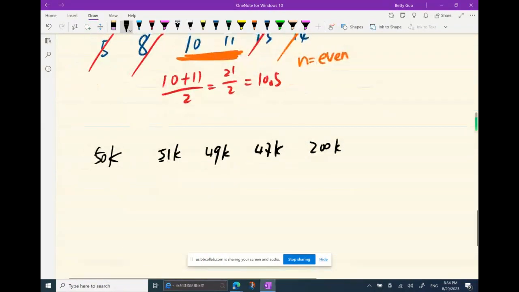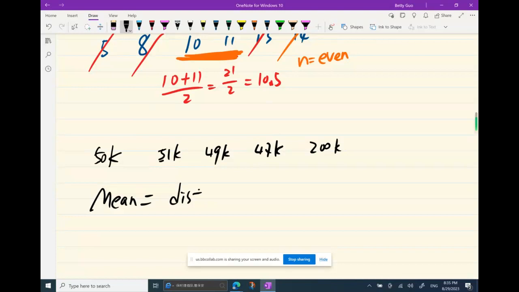So you want to know, if I go there, how much is my salary? You want to estimate, right? So you probably want to find the center of the data set. If you use the mean, you will see the mean is going to be distorted, twisted, because this is the outlier. The manager's salary is way more than all other employees.